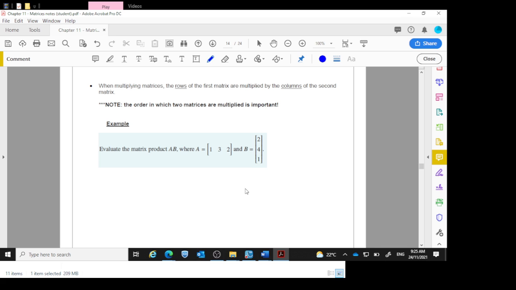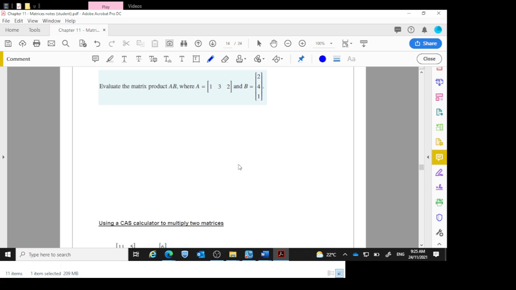So let me do this one, and I'm going to show you this one in detail. A times B, I have 1, 3, 2. And I have the 2, 4, 1. And yes, I multiply the first, there's only one row, one column. It has to be the first number here in A, number 1, times the first number here in B, which is number 2. And because I've still got more on that row, I'm adding.